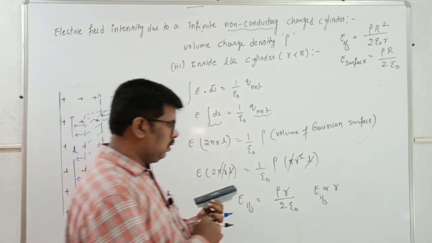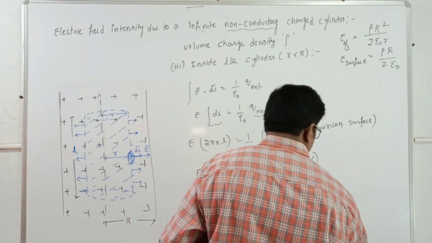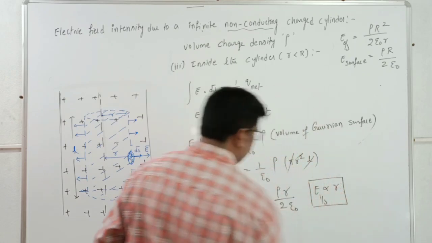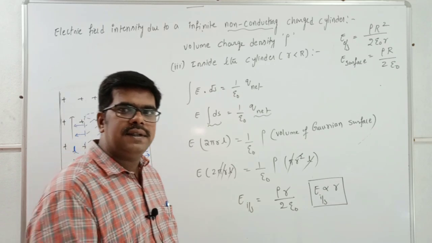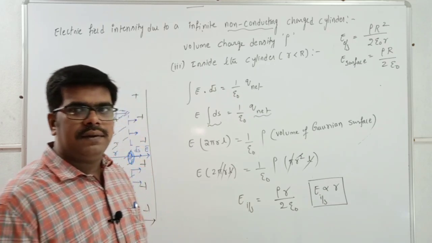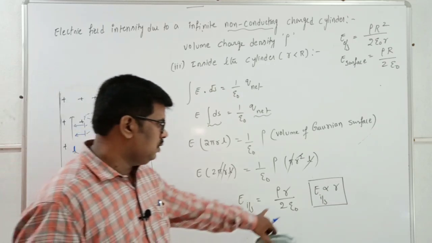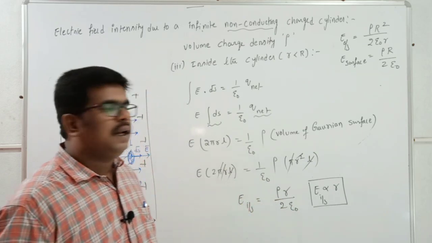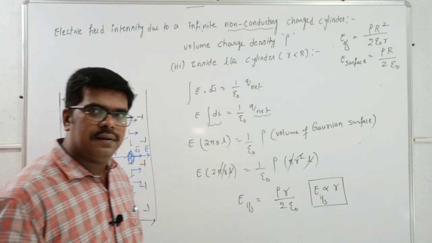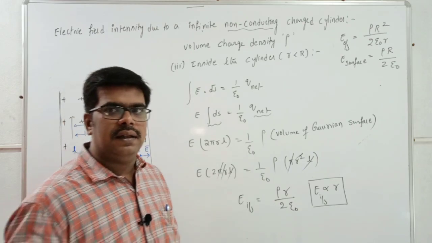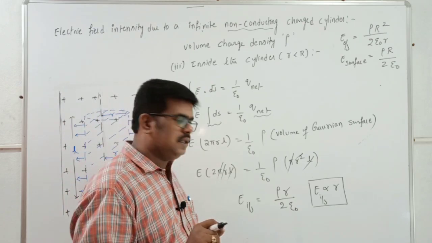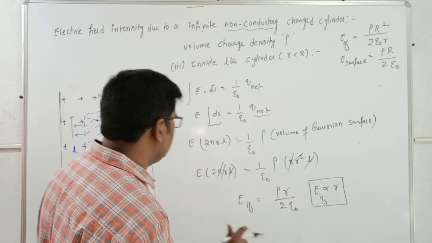And one more point you observe here: if you take r equal to 0, r equal to 0 means you are taking exactly the center of the cylinder. If you substitute r as 0, then what will happen? Electric field intensity becomes 0. So exactly at the center of the cylinder, the electric field intensity is 0. So I am going to write that one.